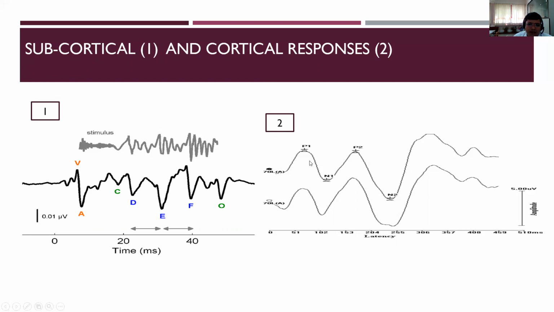Cortical potential has mixed utilities, both clinically as well as in the research domain. Clinically, many times clinicians use it for measuring the progress of the individual, or how the individuals are responding to the stimulus at the cortical level. This test is used even in the ANSD population.